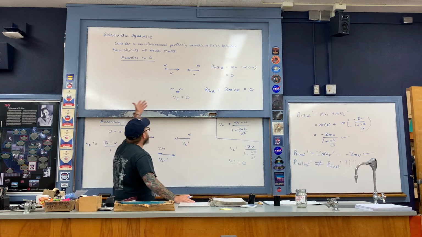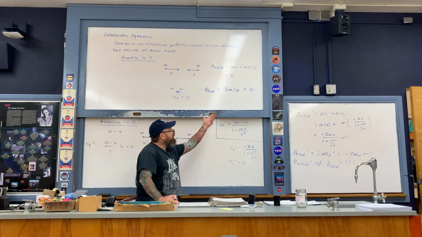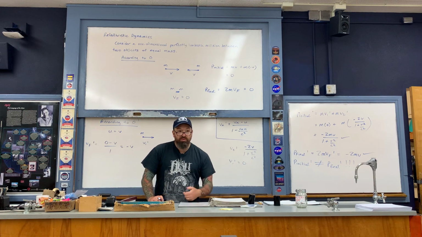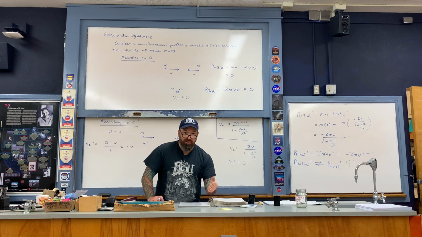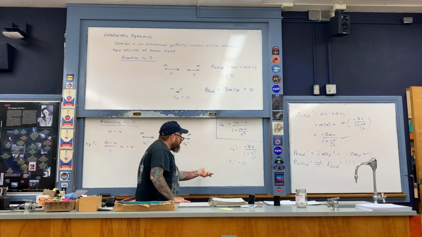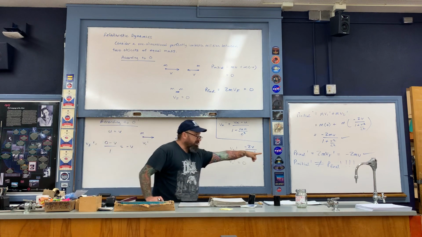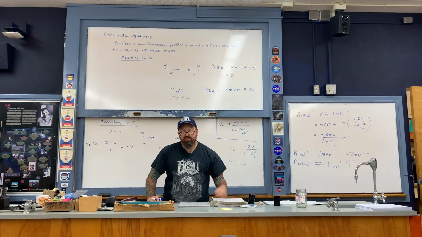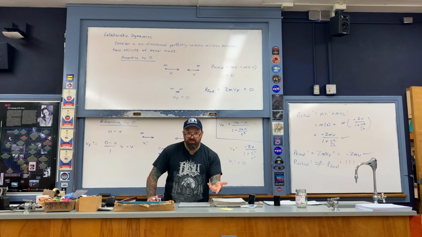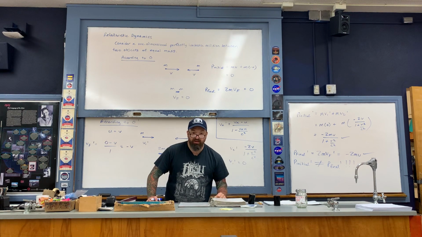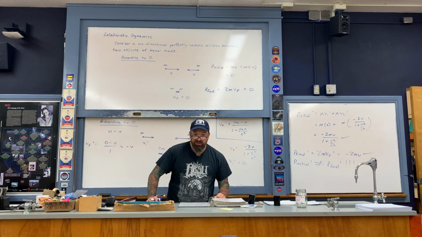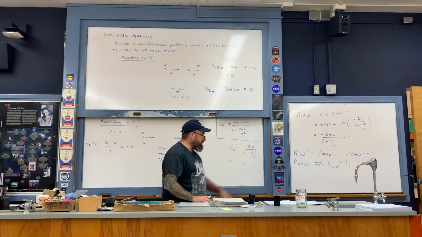Up on the top board, according to the stationary observer O, momentum is conserved. In other words, the laws of physics hold. But now here on the bottom board, according to this inertial reference frame O prime, momentum is not conserved. In other words, we appear to have here a violation of the laws of physics. This is specifically a violation of the first postulate of special relativity. Let me write that out for you here.